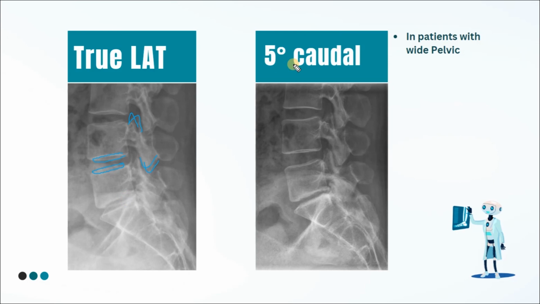So the 5 degree angulation will do the job. See how open are the intervertebral spaces and how the different parts of the body of the vertebrae are visualized in the image.